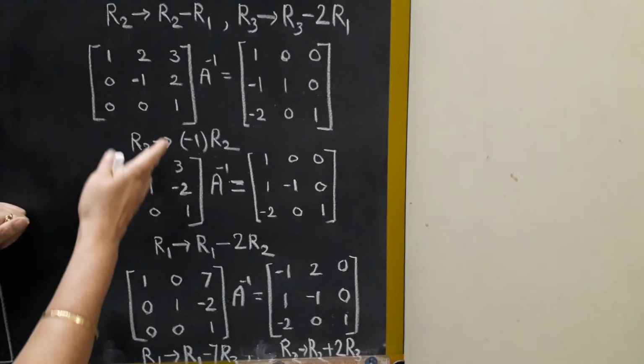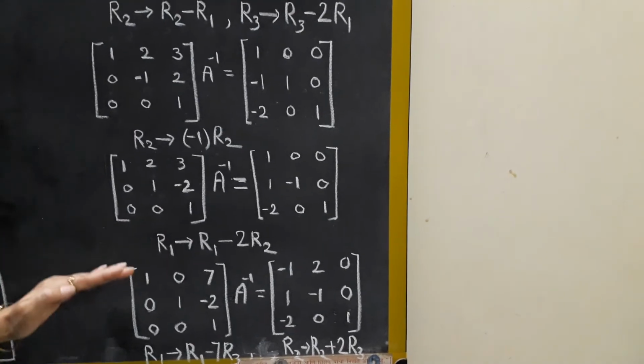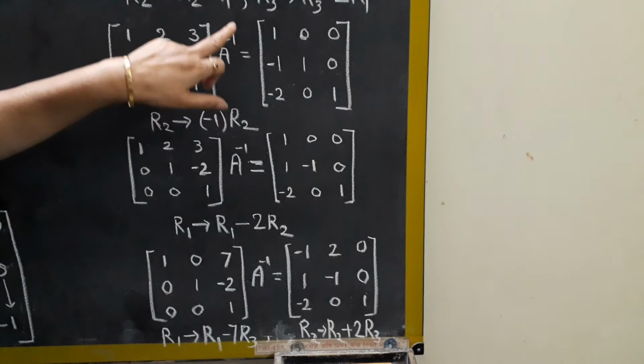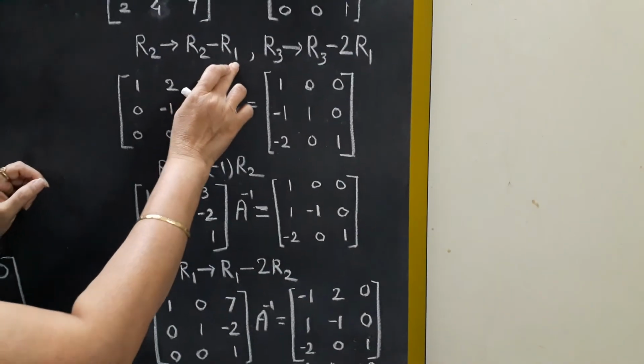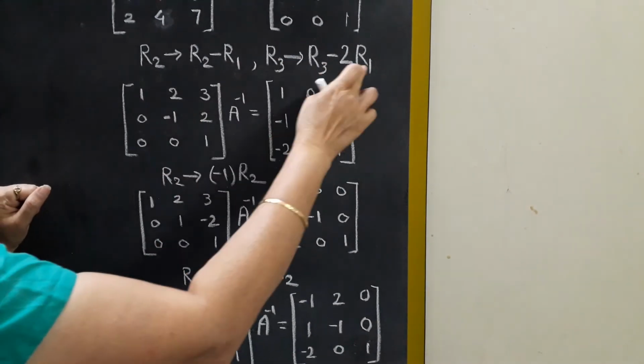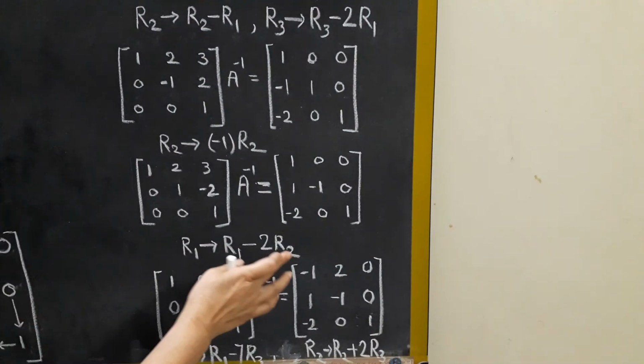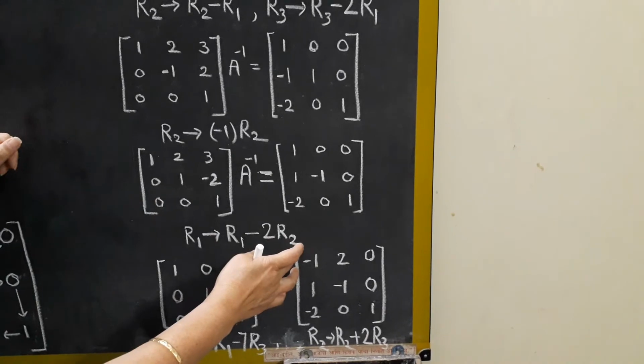So when we are completing the second column, we are going to make use of R2. When we were completing the first column, we were using R1 as a Rj. In the second column, the R2 will be our Rj.